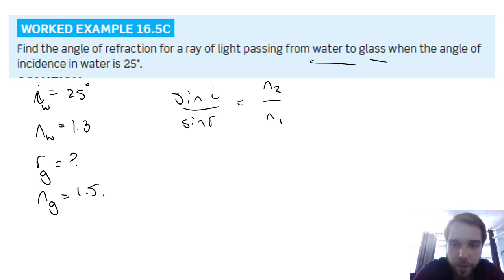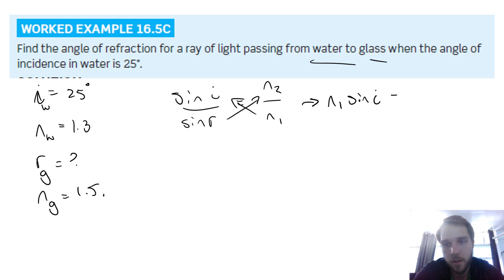So another way that we could rearrange this, so it's a little bit easier to remember, is by cross multiplying. So we're going to have n1 times sine i, equals n2 times sine r. And this way, it's a little bit nicer to remember, at least for myself, because I've got both of those ones and those incidents on the same side, and the second refracted on the same side too. Either way, it doesn't matter. It's just another way we can help ourselves remember what goes where.